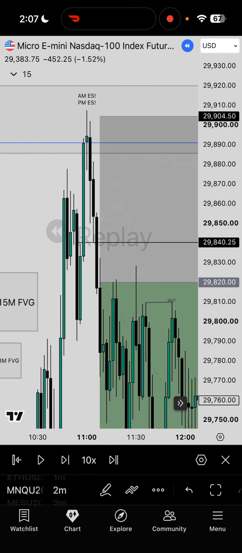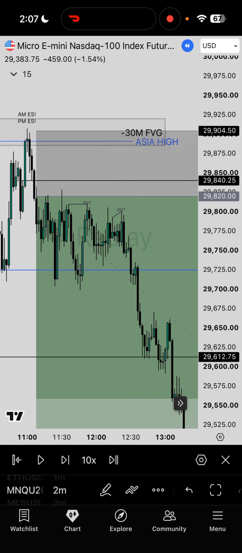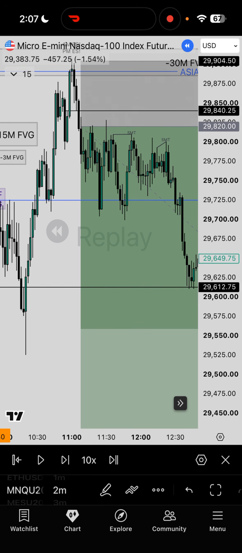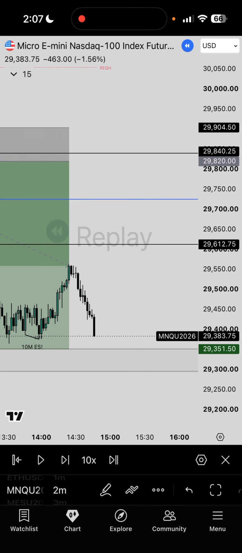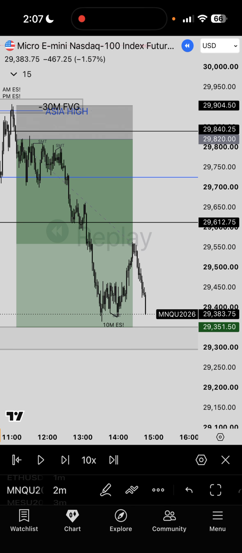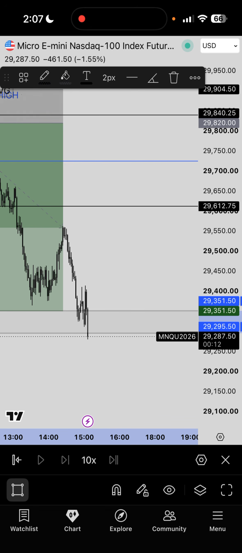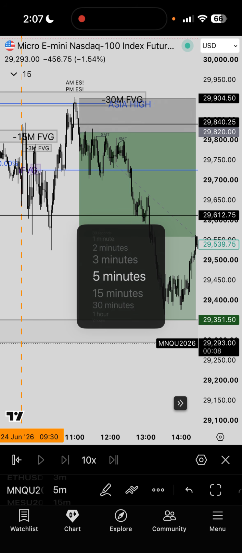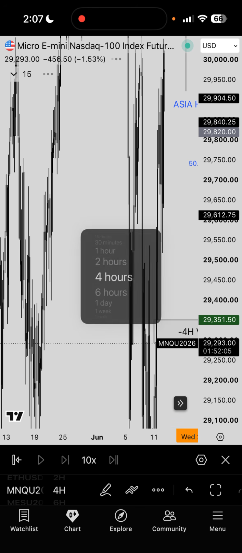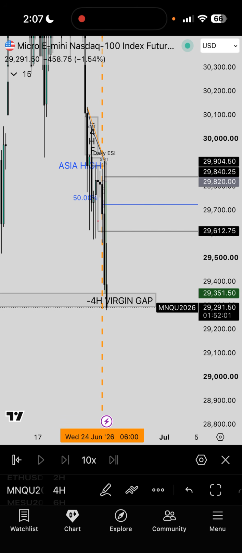Price closed right here, and you can see this. You could have taken your 1-to-1, but if you would have held it, it would have come all the way down to this that I have, which is a 4-hour unmitigated gap, which I call a virgin gap.